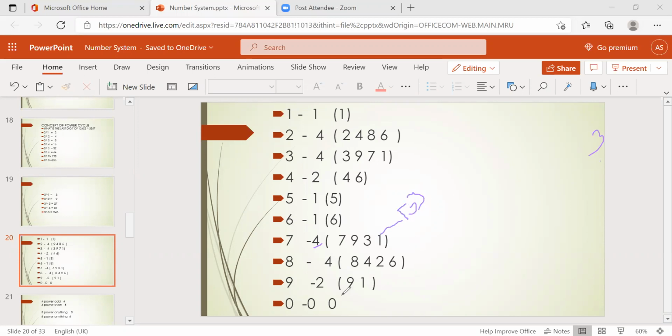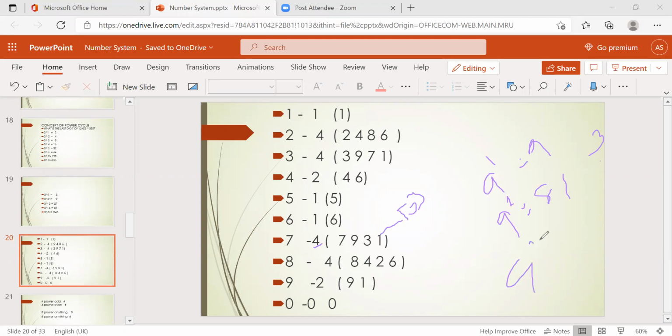Remember this one. And what about 9? 9 power 1 is 9, and 9 power 2 is 81, right?